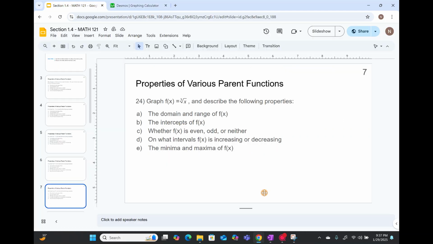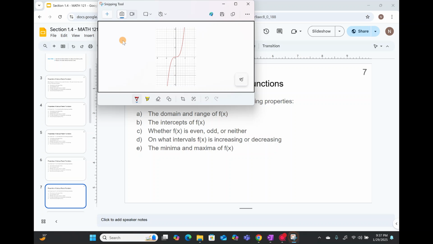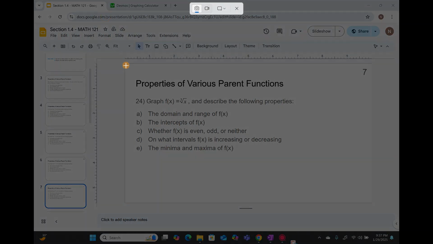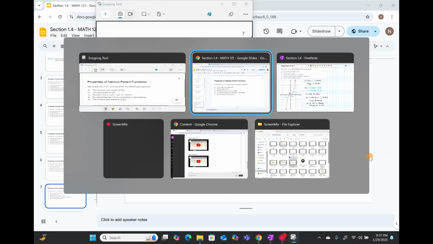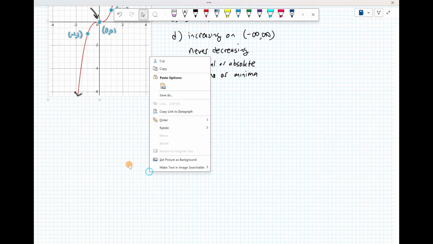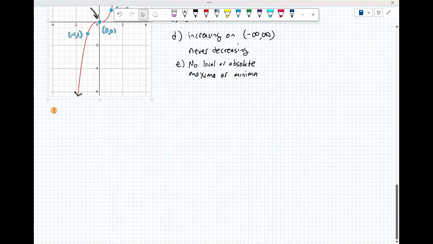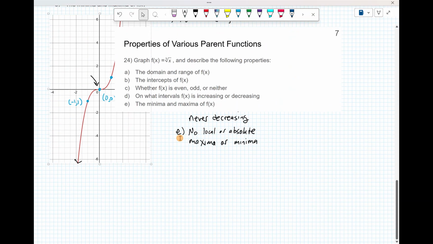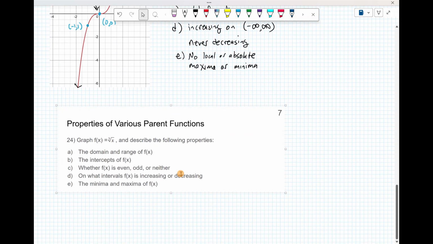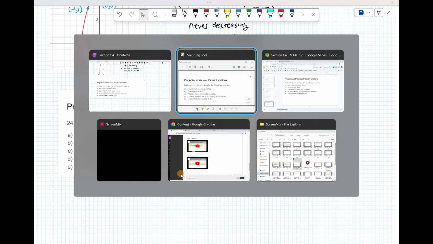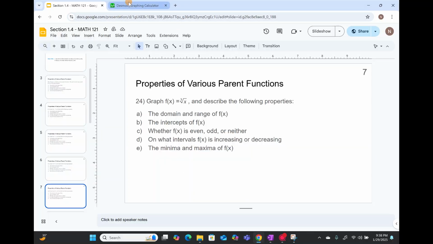Let's do the cube root of x. All right, let's go back to Desmos and let's graph the cube root of x.